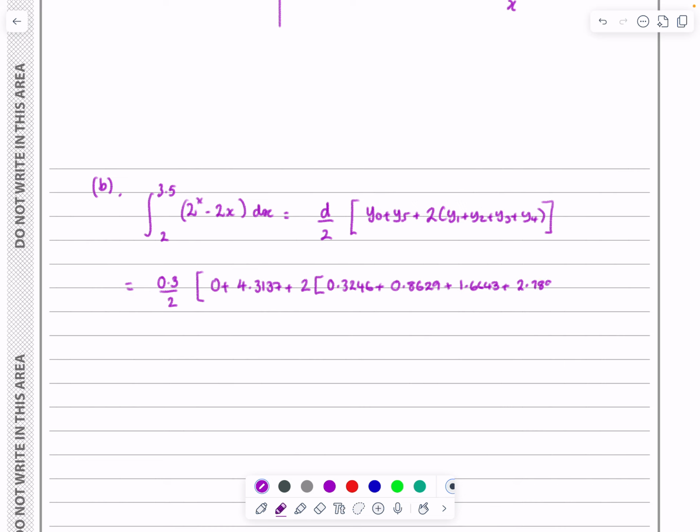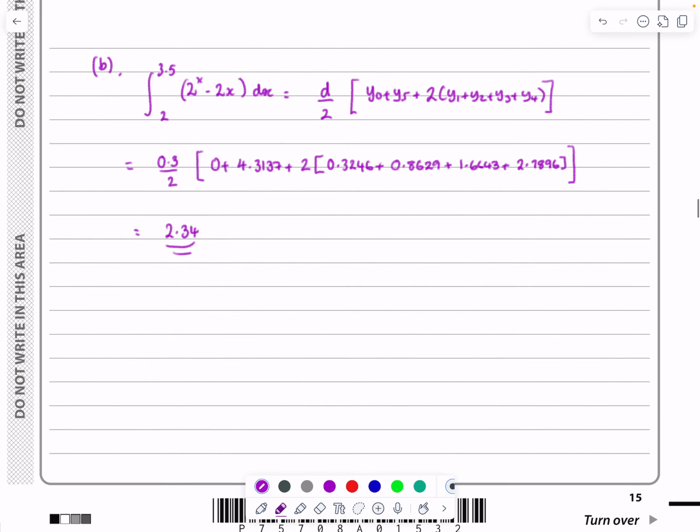So now, really carefully put all those values into your calculator. We only want it to 2 decimal places, and to 2 decimal places, apparently, it comes out to be 2.34.